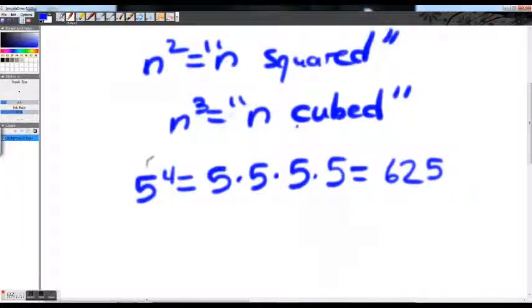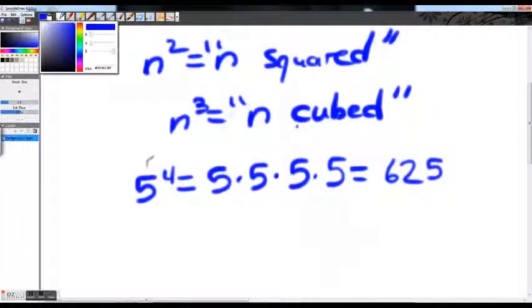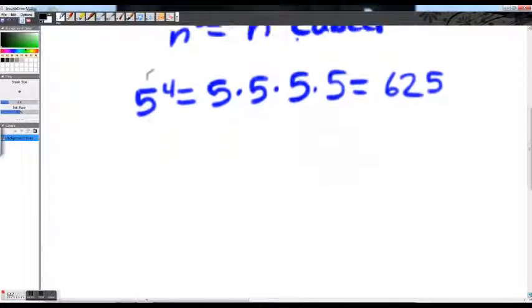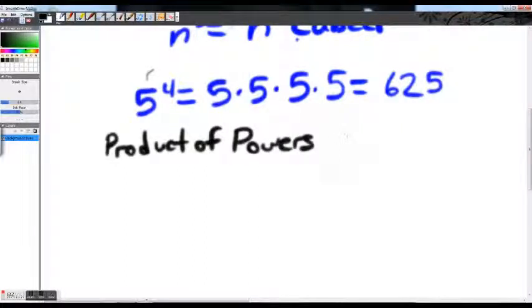So now it would be useful to mention a property of exponents. Let's call it the product of powers property.